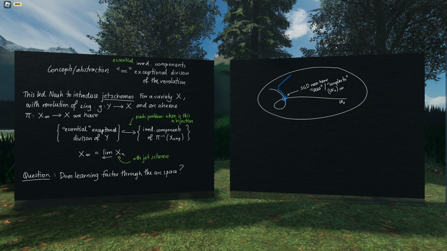Now that isn't quite going to work, but by thinking about those kinds of things, you can get some way to convincing yourself that probably the jet scheme of W0 contains a bit of information about what SGD near W0 sees and its dynamics. So that's an interesting direction to explore further, and that's what I have in mind for this question. I don't know how to make that precise yet.